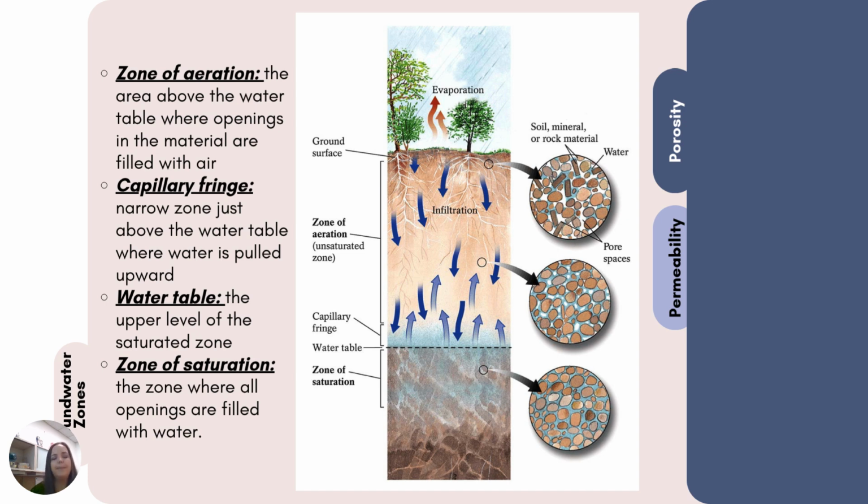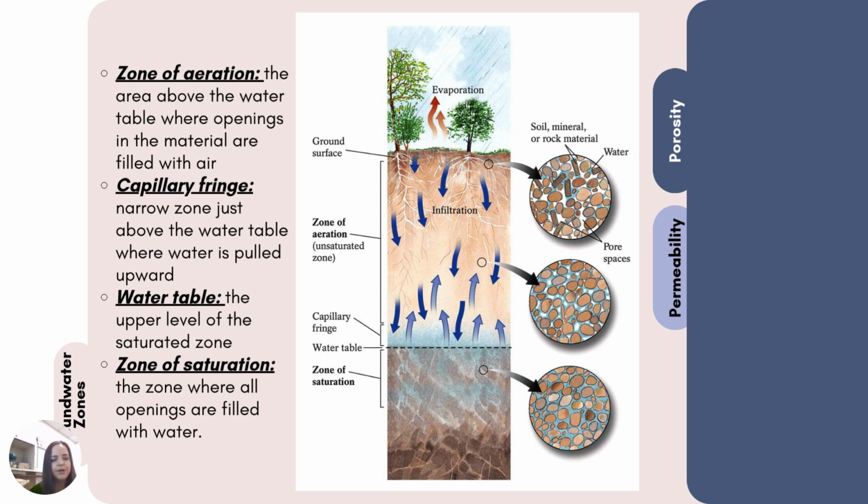Okay, capillary fringe happens right above where the water table sits, which is right above where groundwater is saturated. And this is a narrow zone where water is being pulled upward, defying gravity essentially. So it's defying gravity because in nature, most things want to flow from an area of high pressure to low pressure.